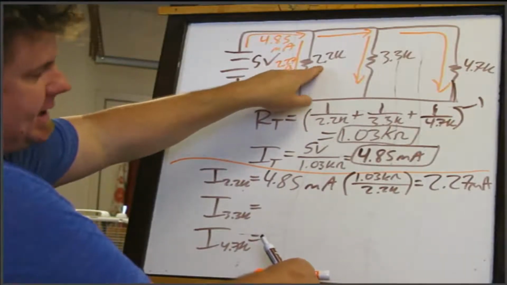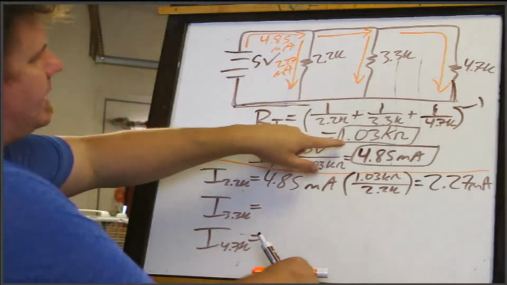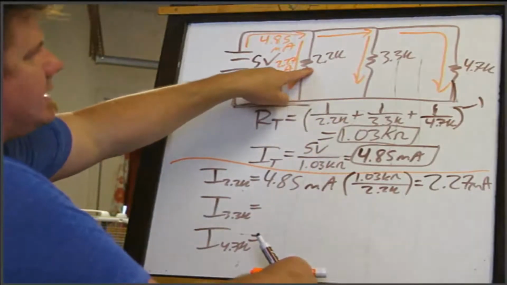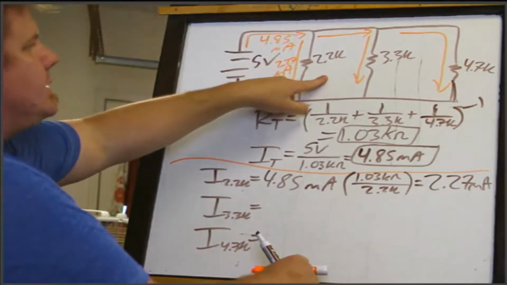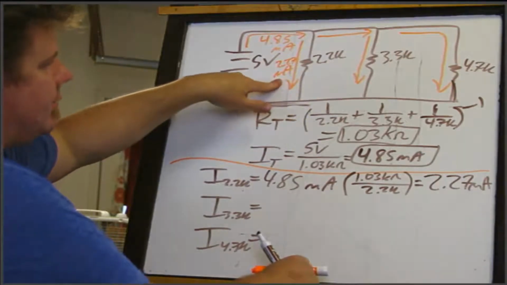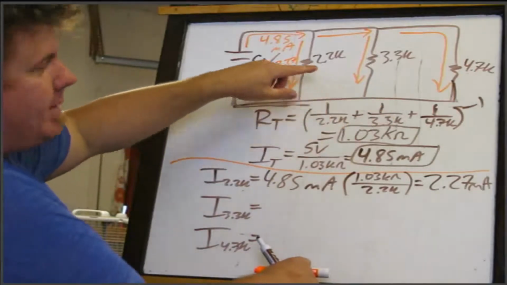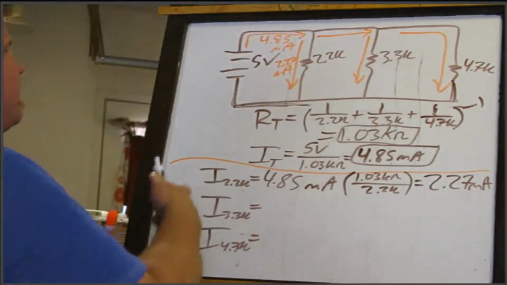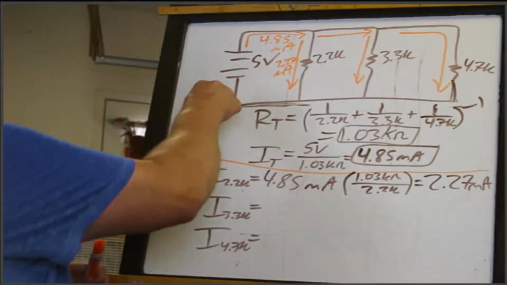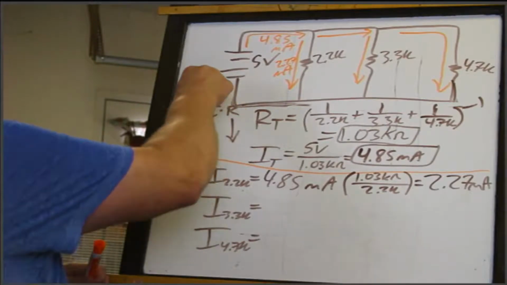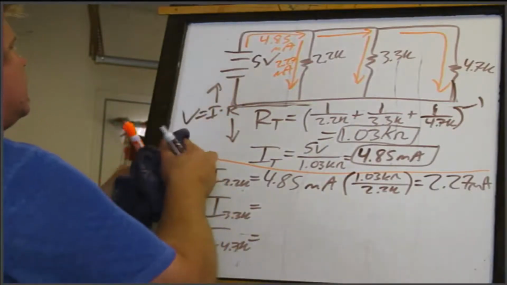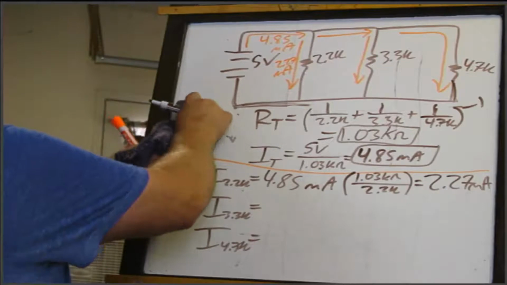I didn't check this again, but I just wanted to point this out, that 1.03K is less than the smallest resistor. You'll also notice that this should be, and we're going to watch for this, the highest value current of the 3 because it's the smallest resistance, right? V equals I times R. If this goes down, that goes up. Okay.